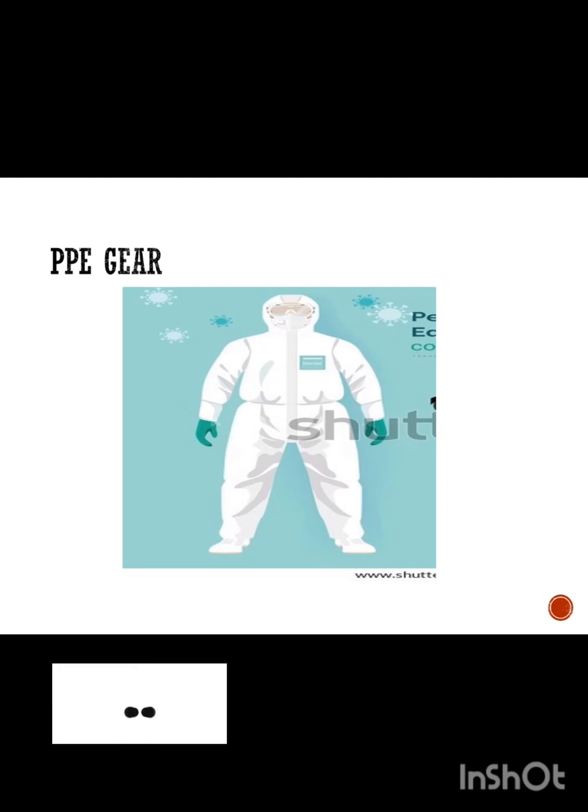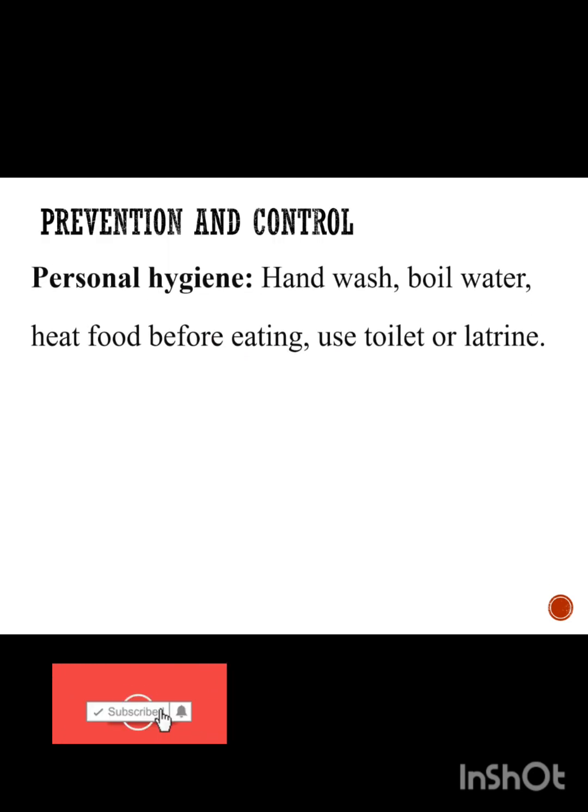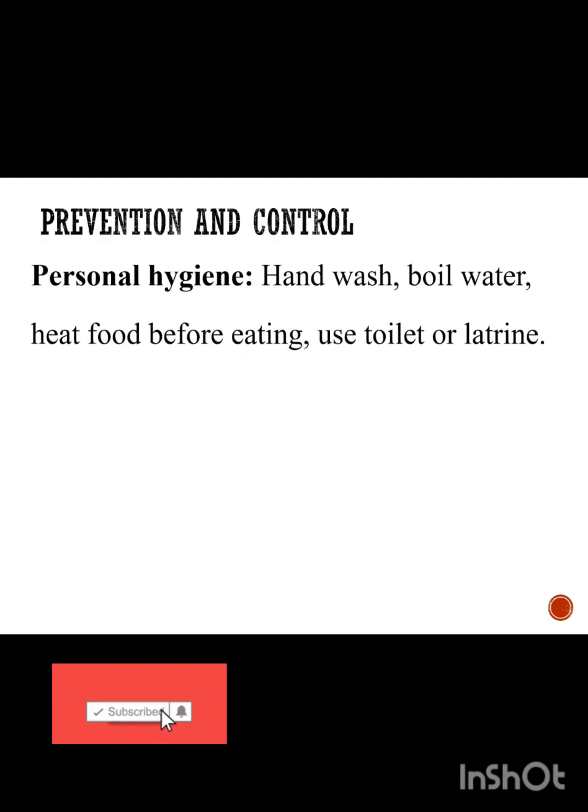Okay, then personal hygiene is also important. So here it's personal, where you wash your hands, you boil water, eat food that has been warmed and cooked properly, and use a toilet or a pit latrine. Then postpone any festivals and gatherings.